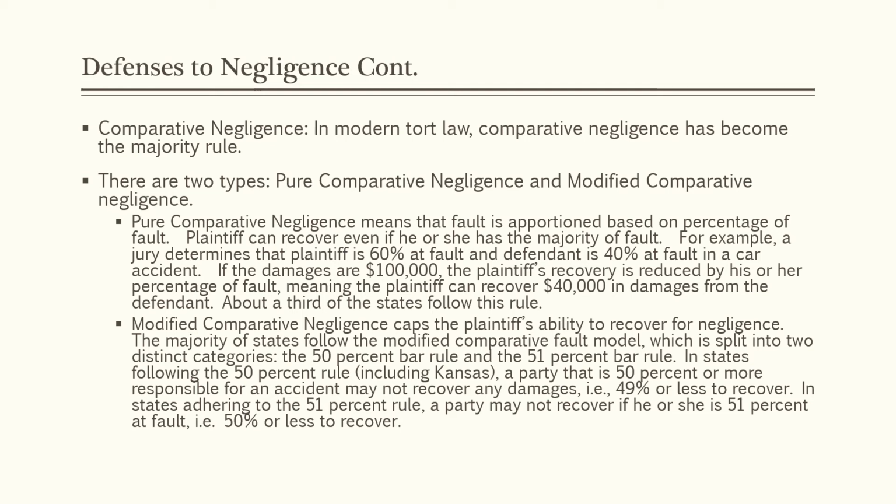In states following the 50% bar rule, which is Kansas, a party that is 50% or more responsible for an accident may not recover for damages, i.e. you have to be 49% or less responsible for the accident to recover. In states adhering to the 51% rule, a party may not recover if he or she is 51% at fault, i.e. it's 50% or less to recover. As I said, Kansas is in the 50% bar rule.